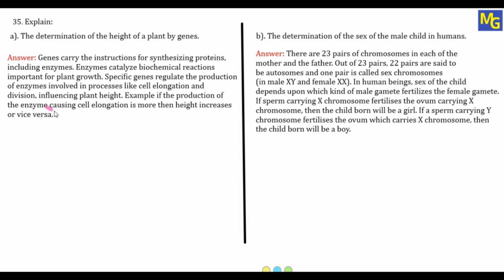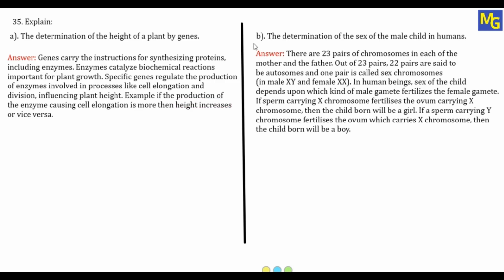If the enzyme is secreted, cell elongation takes place, and with the help of this, height of the plant will increase. If the gene is not giving the instruction, enzyme will not be secreted, cell elongation will not take place, and plant height will not increase much. And this is the answer for this A question.